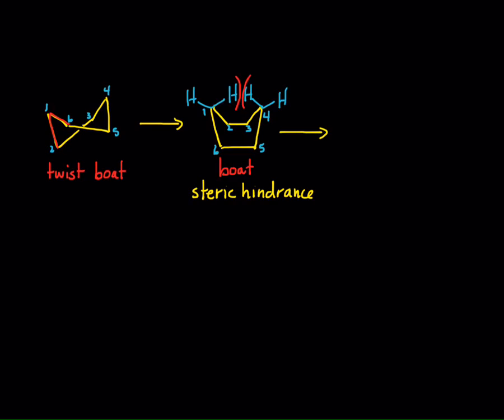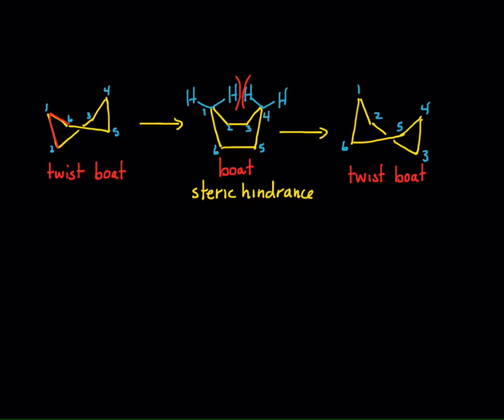So I can twist it to alleviate the steric hindrance. I can twist it in the other direction now, where there's another twist boat conformation. And I have C1, 2, 3, 4, 5, and 6 carbons, drawn as such. So I'm trying to help you keep track of where all the carbons are, so I'm labeling all of the carbons. And hopefully, again, you have your model kit and you can follow along with what we're doing here. So now I have a twist boat.